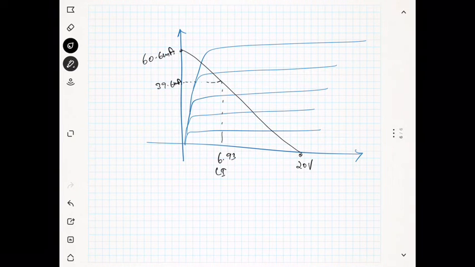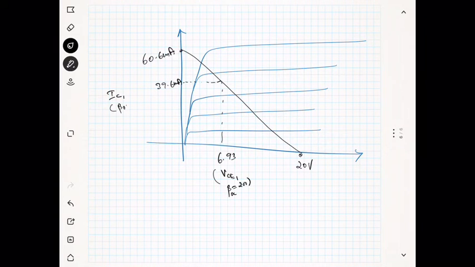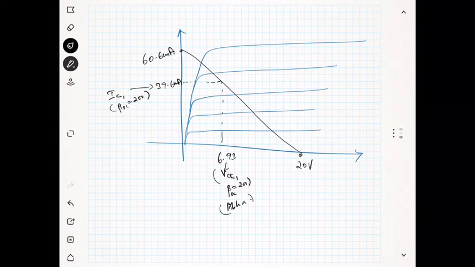So this is our VCE1 and this is our IC1 for beta DC equal to 200. This was our previous current. Maybe I can say it is in Abha, for example.